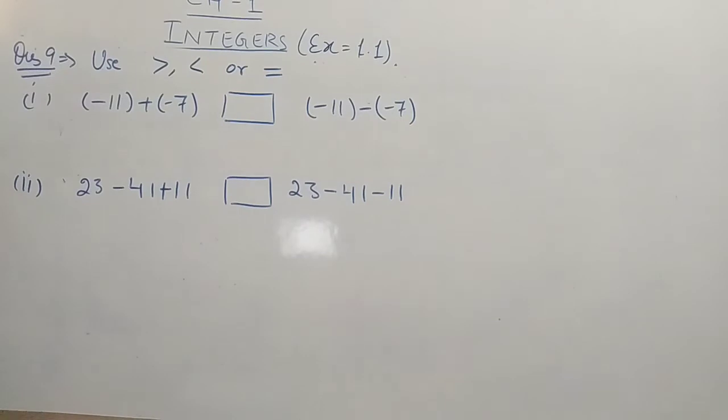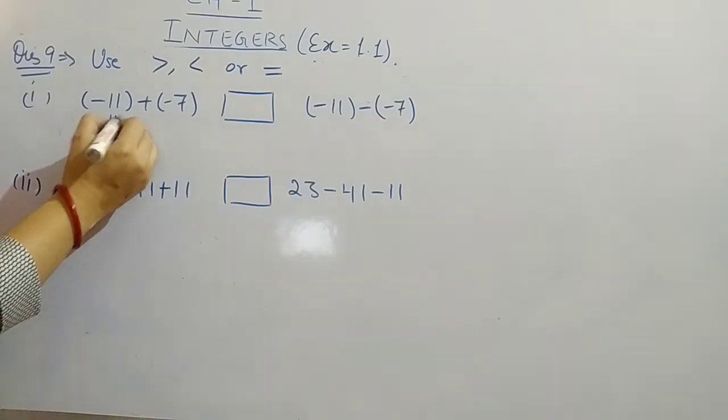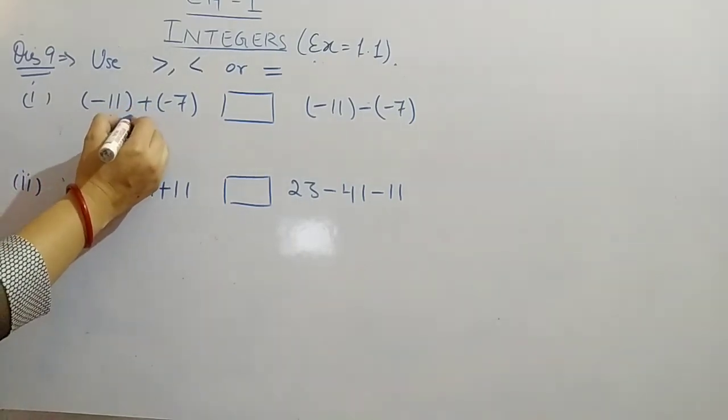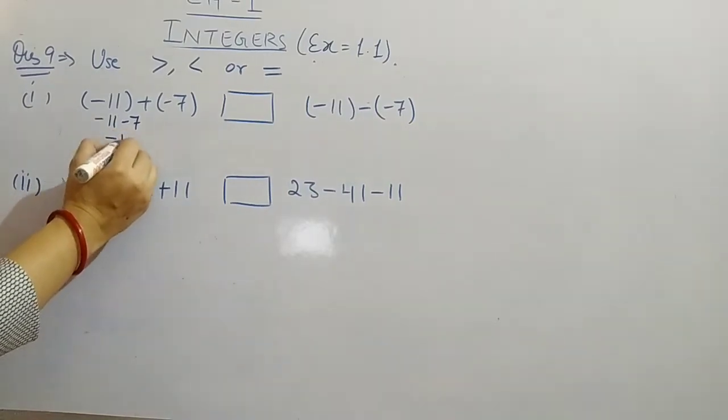Next, question number 9, we have to fill here greater than, less than or equal to symbol. So first part is given minus 11 plus minus 7, and right side we have minus 11 minus minus 7. So first we will simplify this side. It will become minus 11, and minus and plus will become minus. So minus 11 and minus 7 is minus 18.